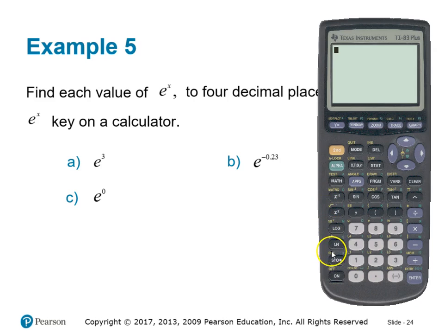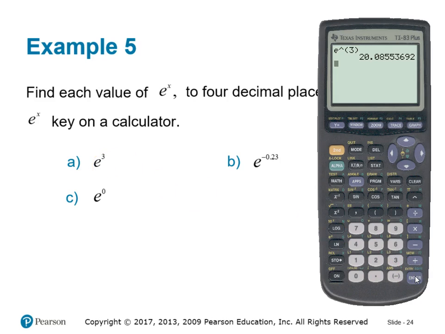We have above the ln key an e raised to the x power. And the way we're going to get there is we raise it, and then I'm going to put my 3 and close my paren.